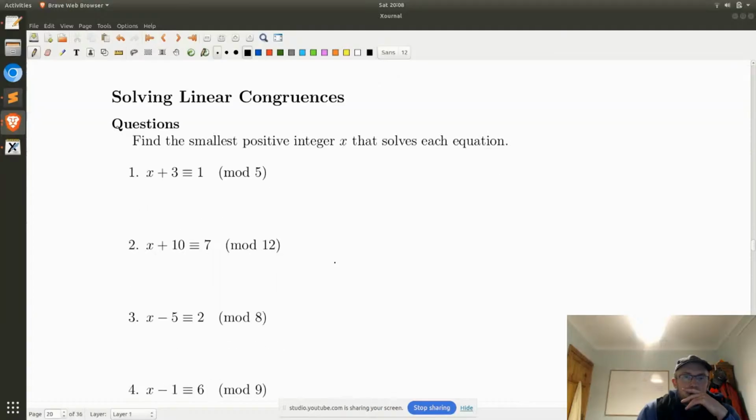Okay, solving linear congruences. Find the smallest positive integer x that solves each equation.